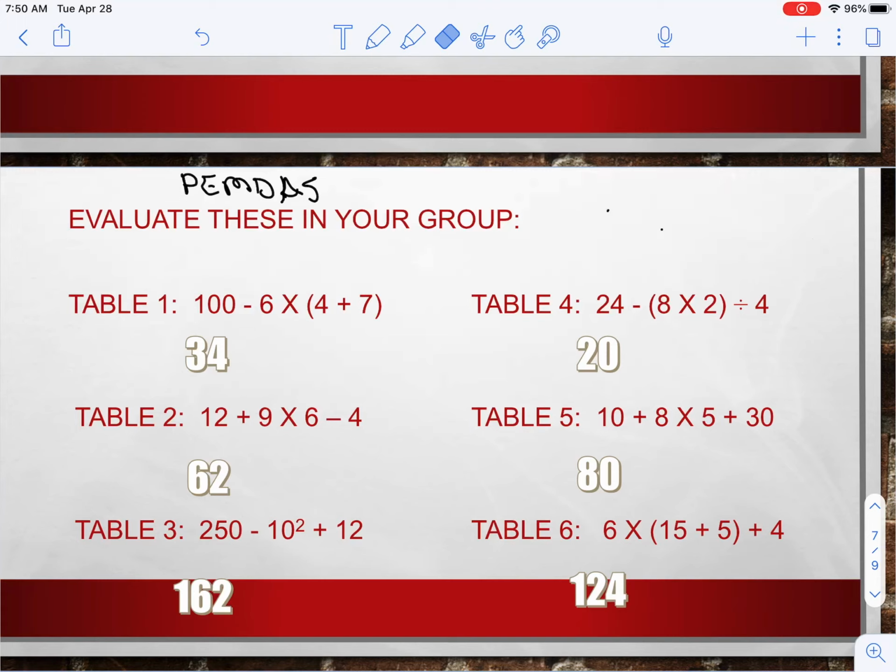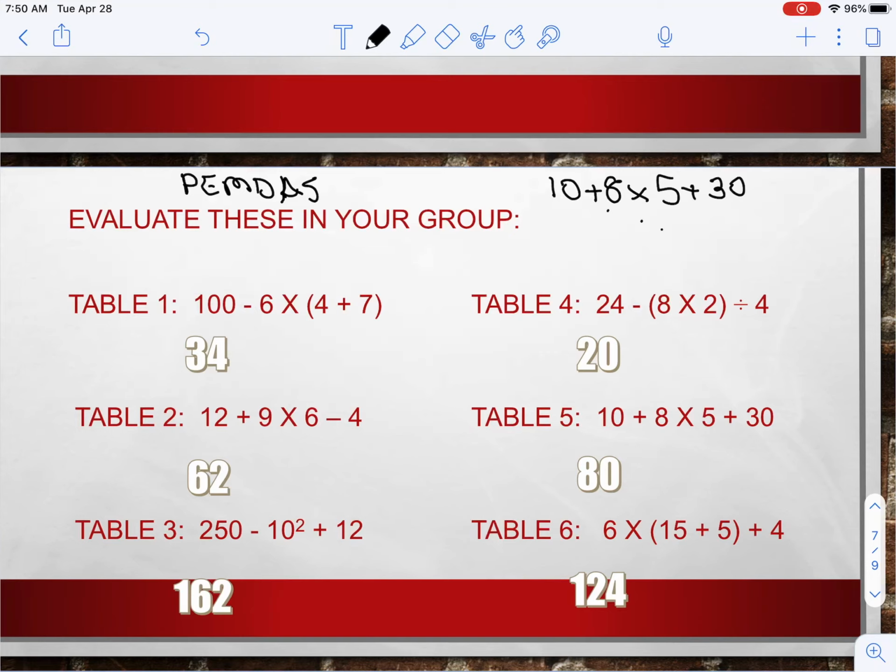All right. Let's do this one right here. So it's 10 plus 8 times 5 plus 30. So when I look at the operations that are there, I have plus and I have times.